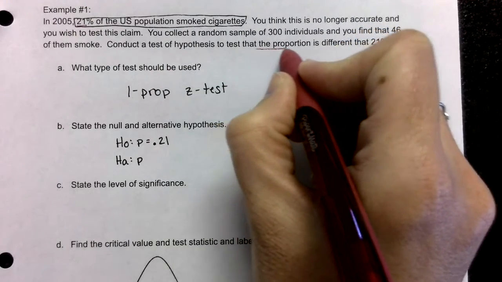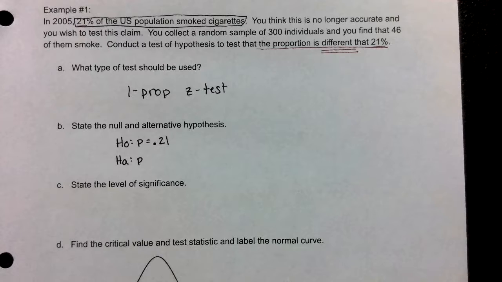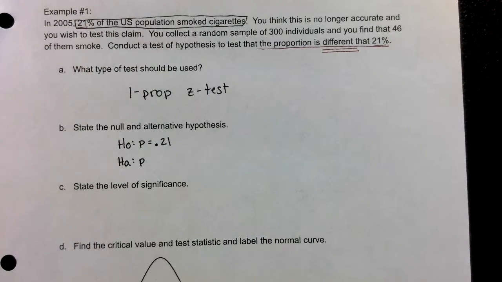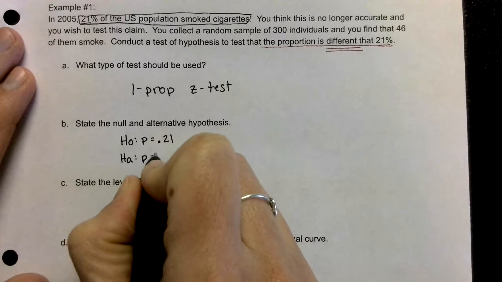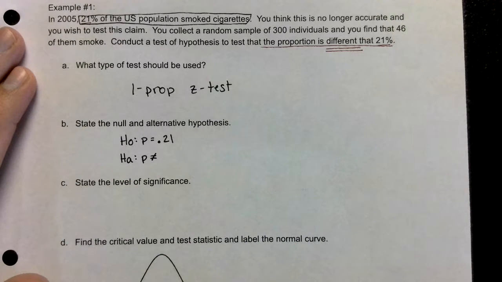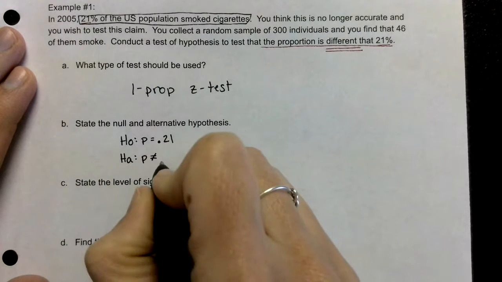In fact, in this one, they don't. All they have is this keyword here that it's different than 21%. So I don't know specifically whether it's less or more. I just think it's different, which is my indication that I'm going to use not equal.